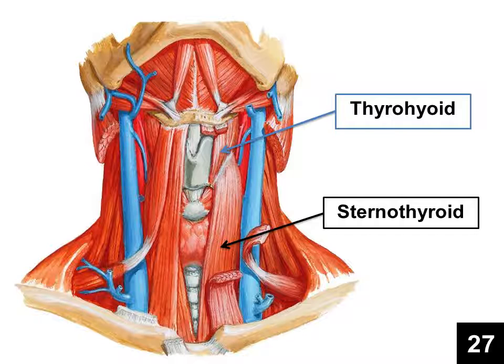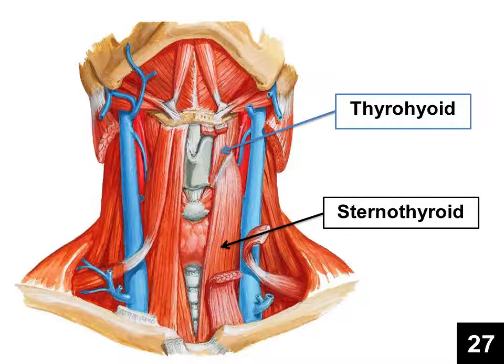The thyrohyoid also lies deep to sternohyoid and omohyoid, where this is an upper continuation of sternothyroid. It is like the sternohyoid, but in the middle there is attachment to the oblique line, so it starts from the oblique line as a continuation of the sternothyroid and is inserted into the lower border of the greater horn of the hyoid bone.